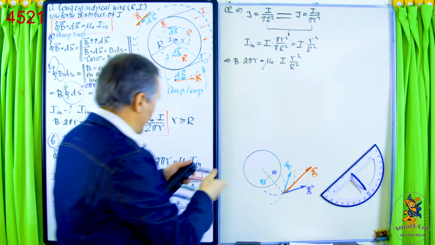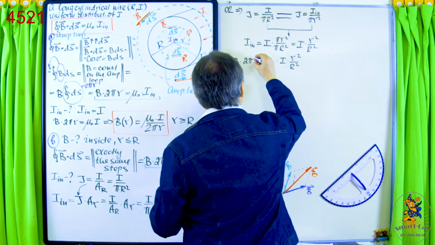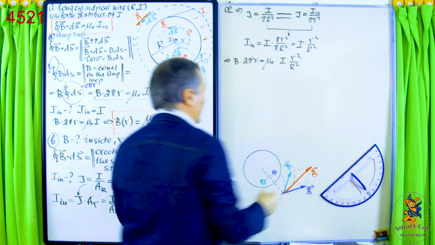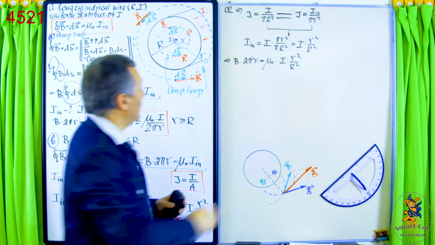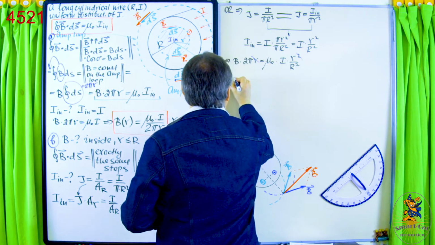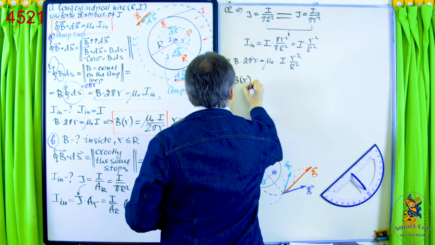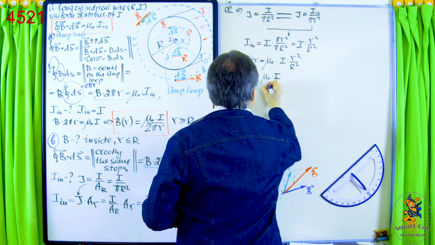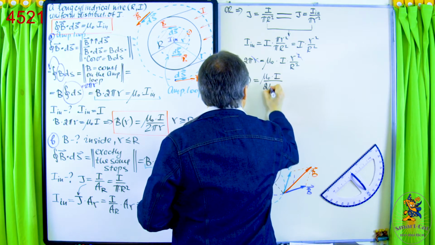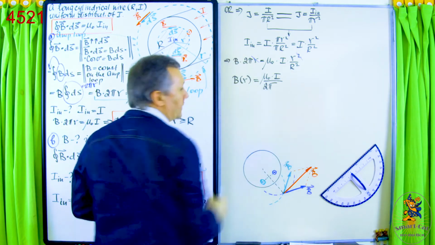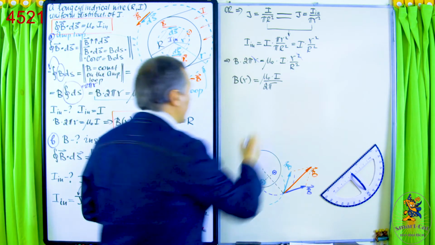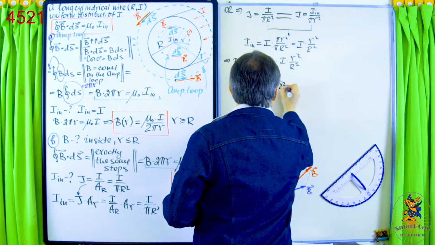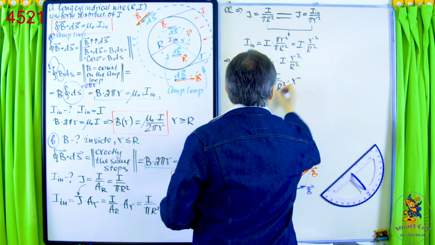So what can be cancelled? One r, this r and that r, gets cancelled. And as a result, B as a function of r equals mu naught times I, divided by 2 pi. This 2 pi goes to that side in the denominator. Downstairs will be r capital squared times r.